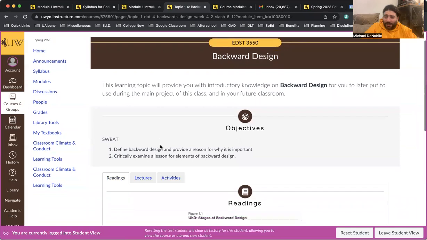Which will then bring us into, I would say, in terms of an introduction to assessment, one of the most important topics for us to understand as 21st century educators, because backwards design, also known as UBD, which is understanding by design, is the foremost structure for developing curriculum.